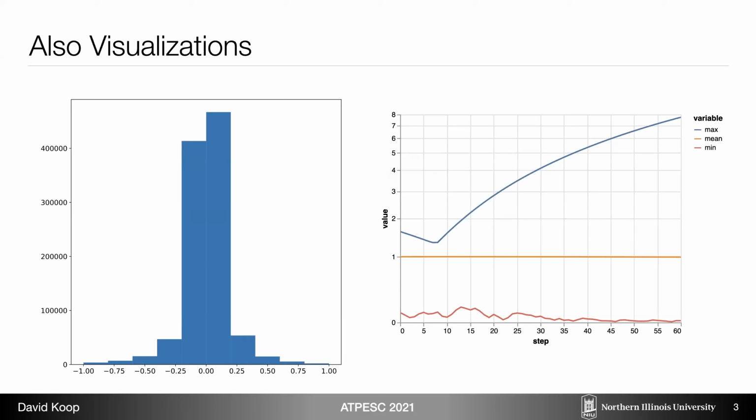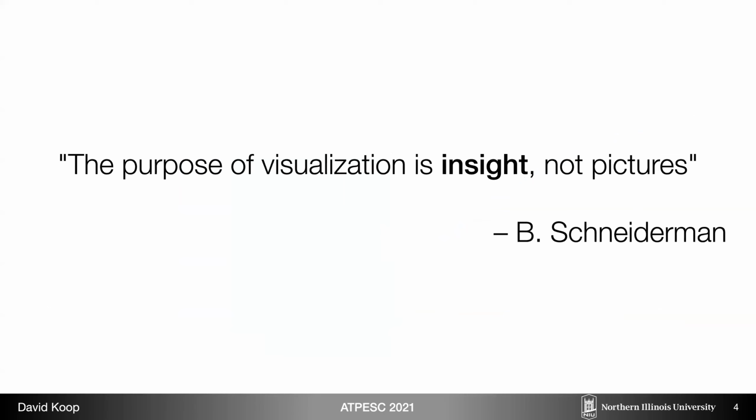One of the things to keep in mind as you're dealing with your data and large scale simulations and everything else that you're doing is that the purpose of visualization really is to gain some knowledge about what you're doing, right? So Ben Shneiderman, who has done a lot of work in visualization, has this quip about the pictures not being the end product, but really understanding what the data, what the simulation, what the process is giving you in the end, right?